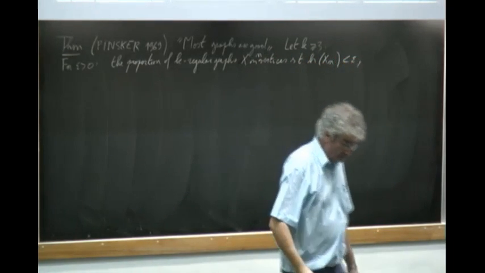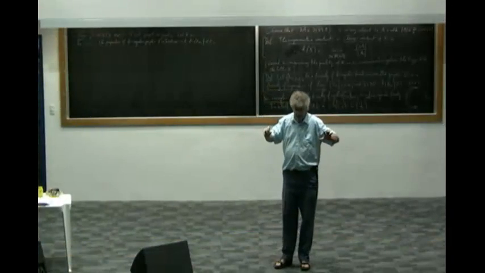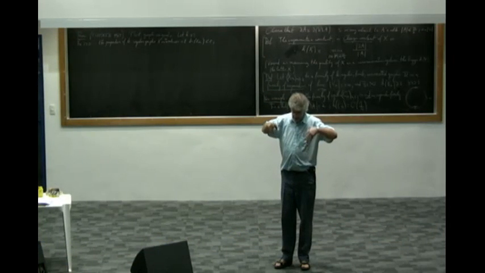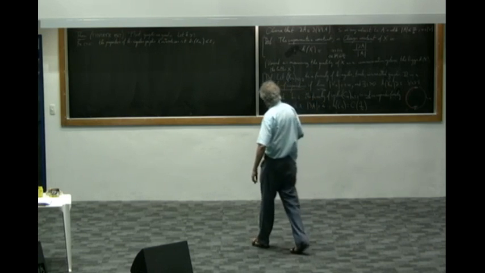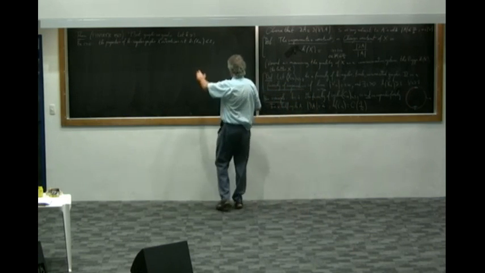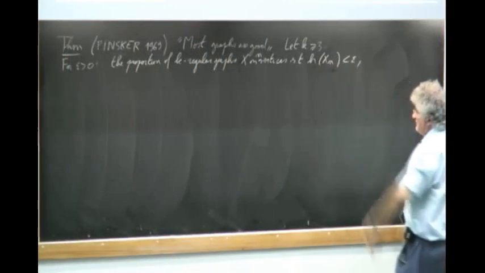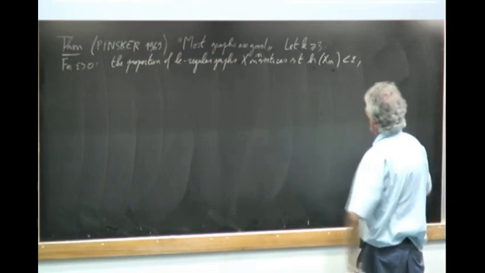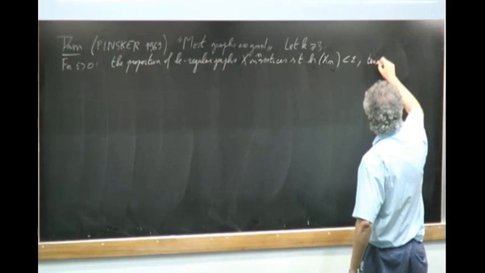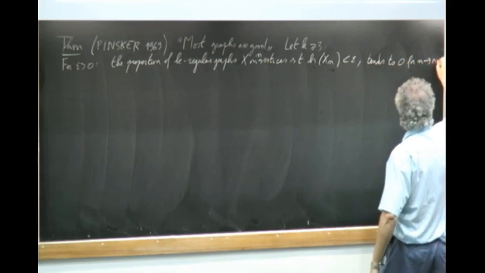So k is fixed once and for all. If you fix n, of course, you have finitely many k-regular graphs on n vertices, and so you may count them. And among those, you look at those which are bad in the sense that they have small isoperimetric constant, and you look at the ratio, what I call the proportion. And this proportion tends to 0 for n going to infinity.